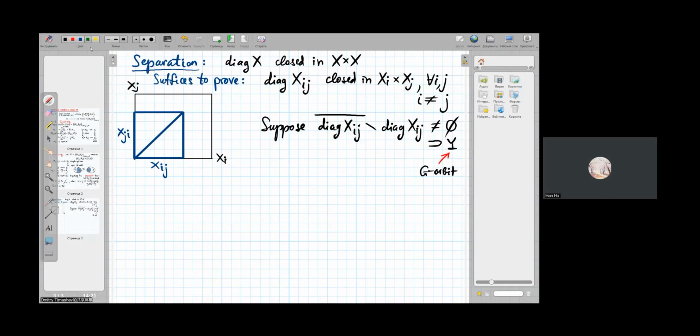Let me try to draw it somewhere here. Well, maybe like this. So we have some Y here, some orbit in the closure of the diagonal, but not belonging to this blue square.